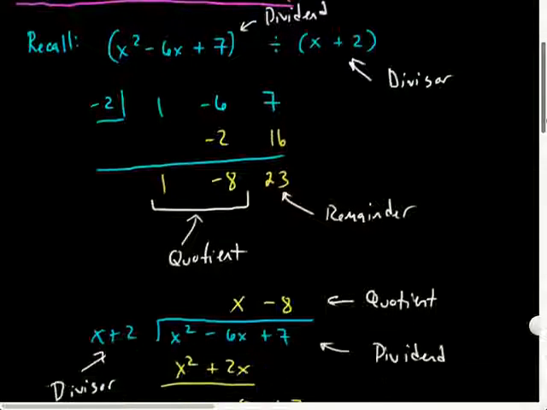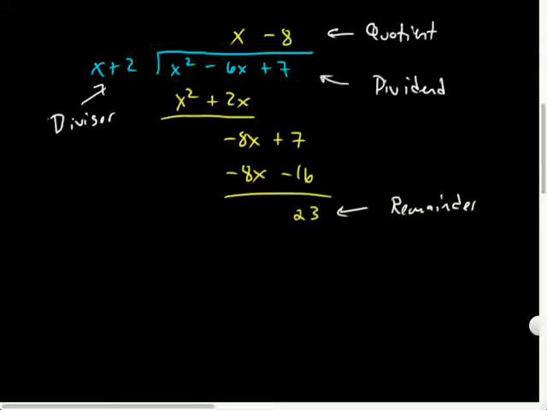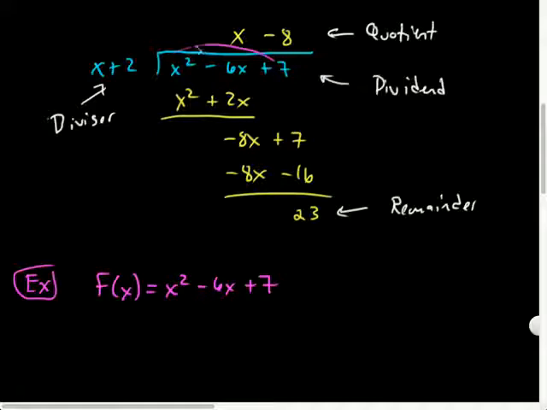You guys remember how to do that? Good stuff. So let's say I want to evaluate a polynomial. Let's say f of x equals x squared minus 6x plus 7, just making this up out of nowhere.